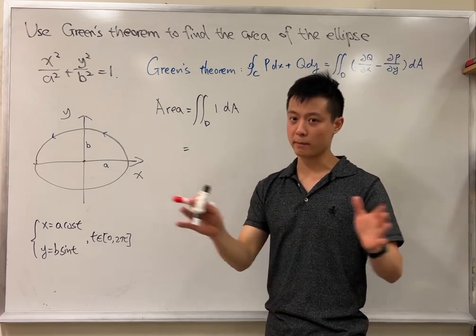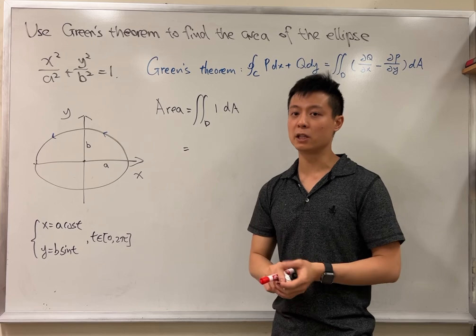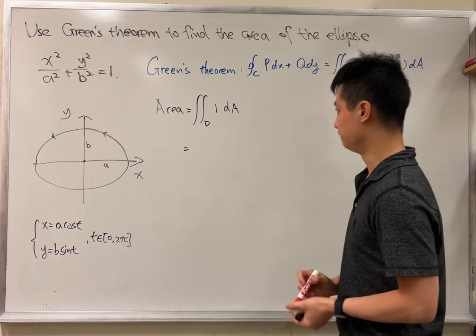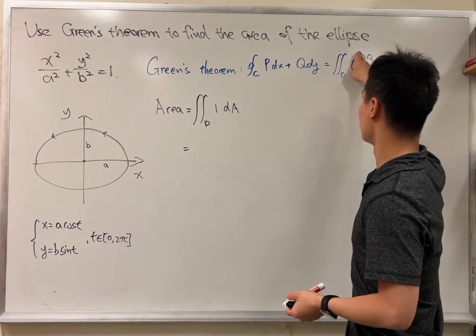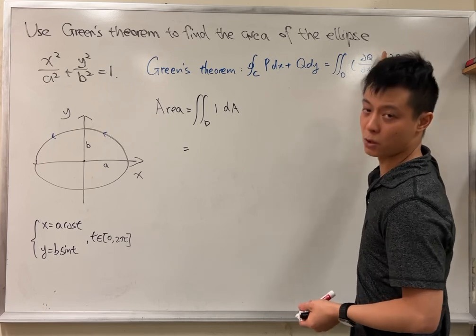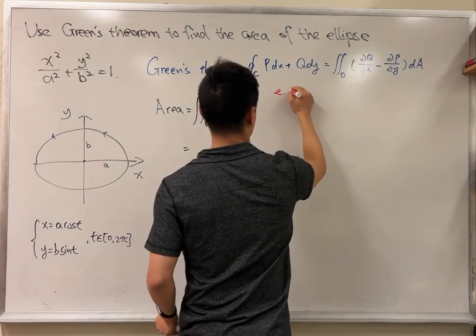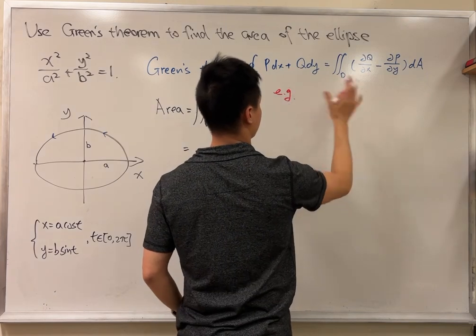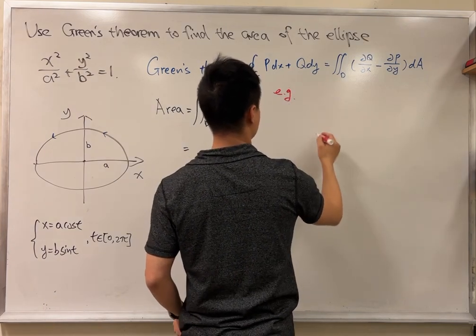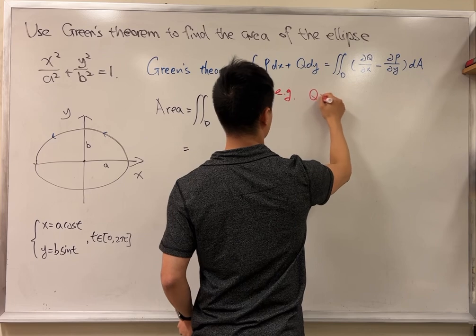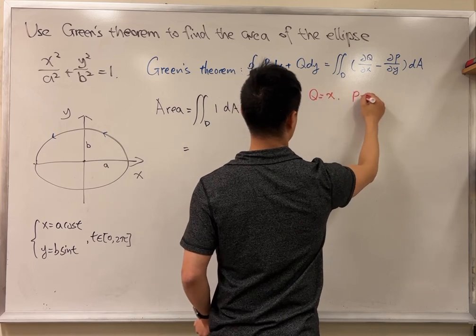You can come up with many different setups of P and Q, as long as partial Q partial x minus partial P partial y equals 1. For example, I can come up with one of the easiest sets of these two functions by letting Q equal to x and P equal to 0.